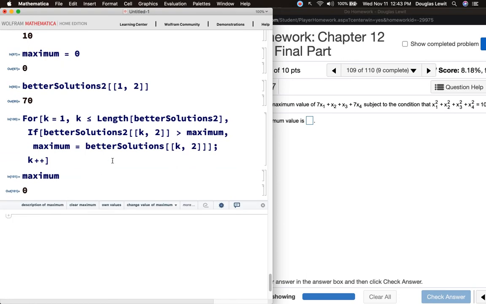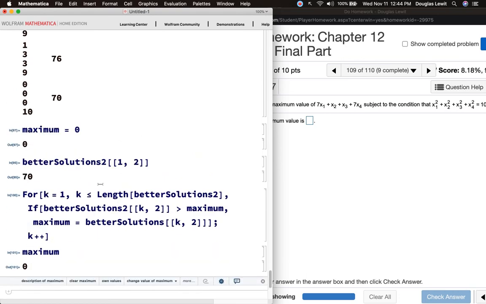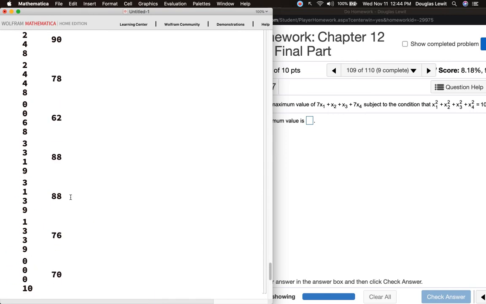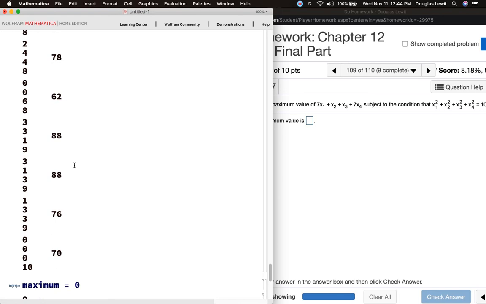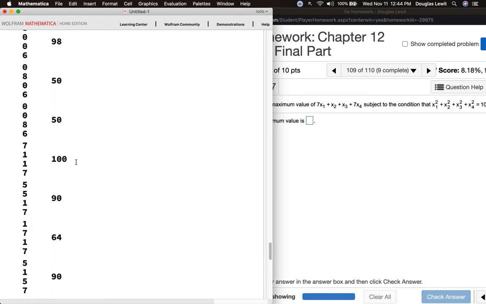That's really weird. I don't know why I'm having an issue with this part. But if I just use my eyes and look at these numbers here, 70, 76, 88, 62, 100. So this number here, one second, appears to be the maximum, right?